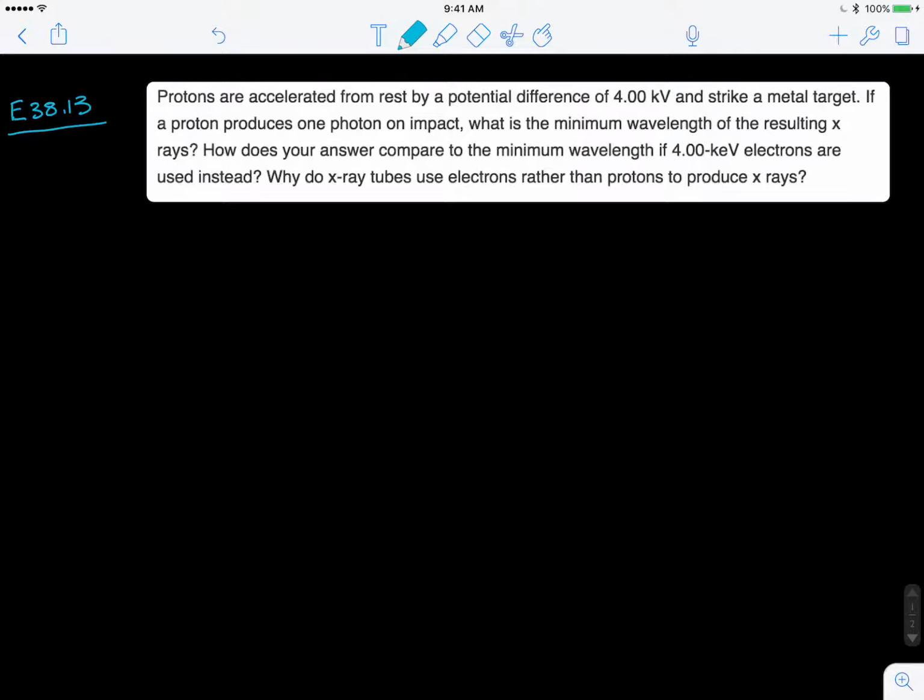So we should know that eV is equal to hc divided by the minimum wavelength, where h is Planck's constant.